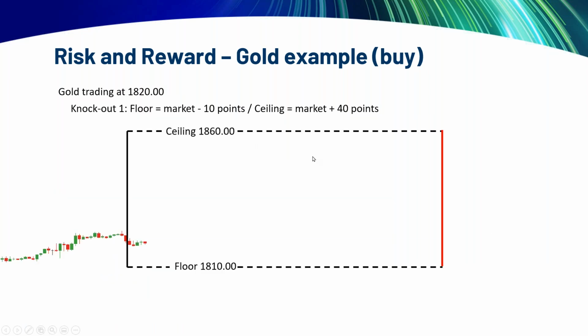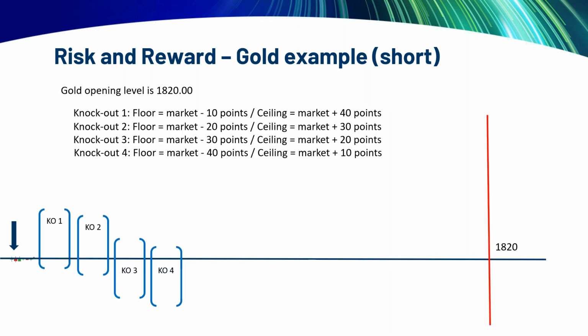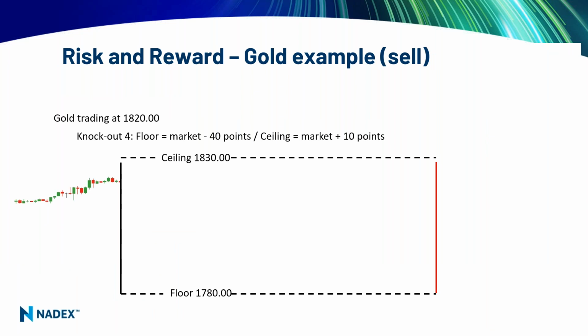Now, let's talk about if you were going to go short. If you thought gold was going down, you would in all likelihood look at knockout number 4 or knockout number 3. So let's look at knockout number 4 from a short perspective. All right, I'm bearish. I think gold is going down. Here, we've got that same chart where I've got the ceiling up above.